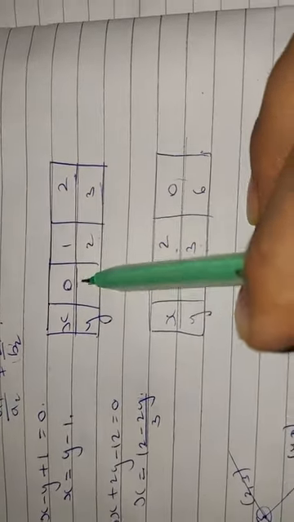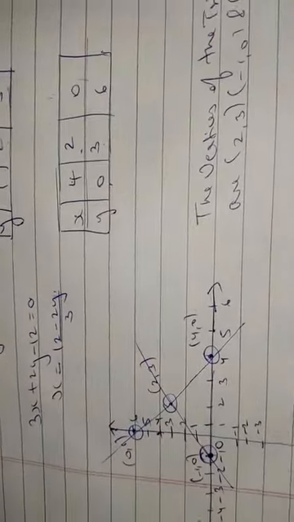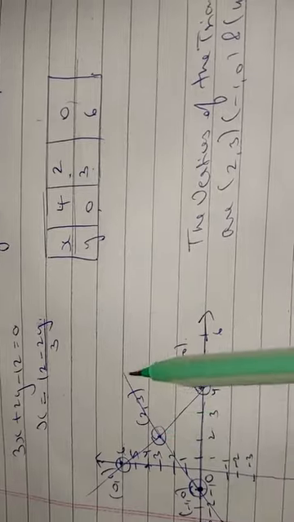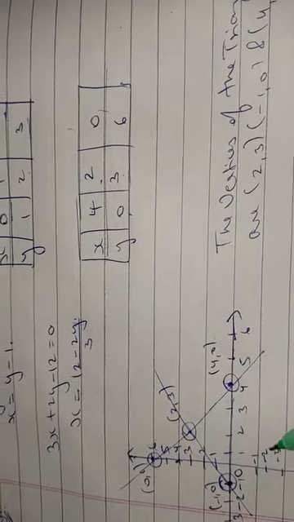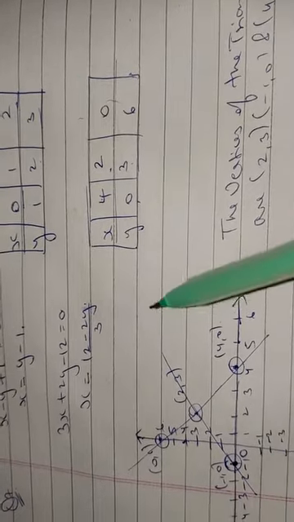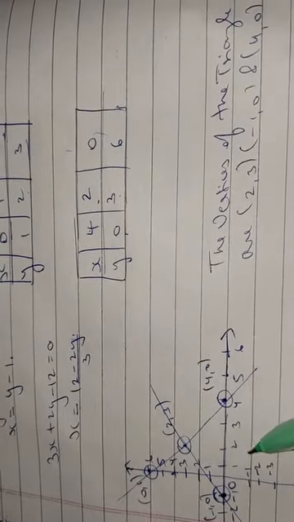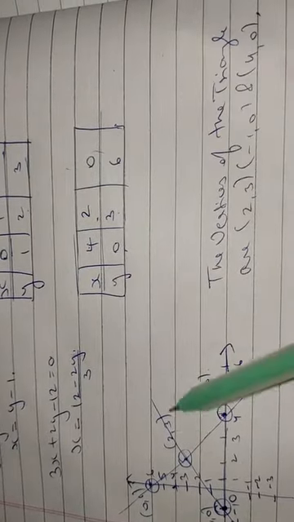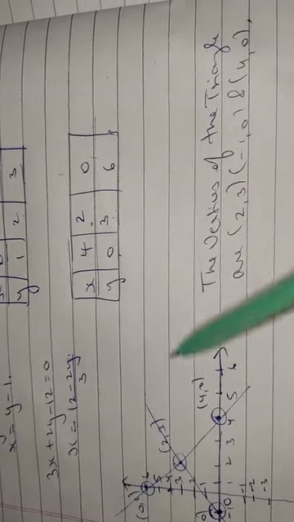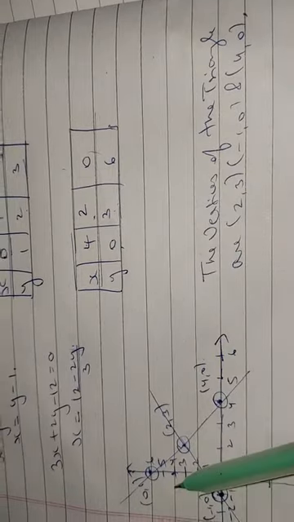Now mark all these points on the graph paper like this. First one is 0 comma 1, then 1 comma 2, 2 comma 3, 4 comma 0, 0 comma 6.